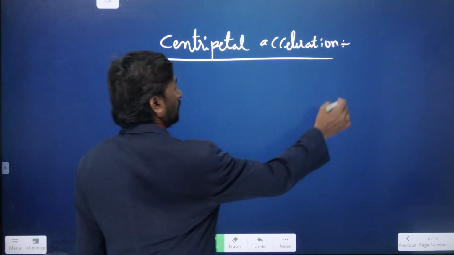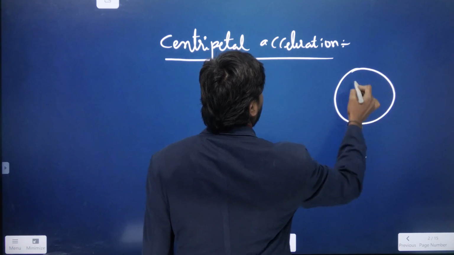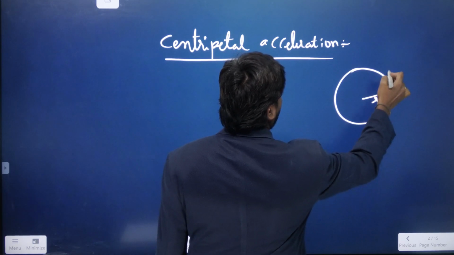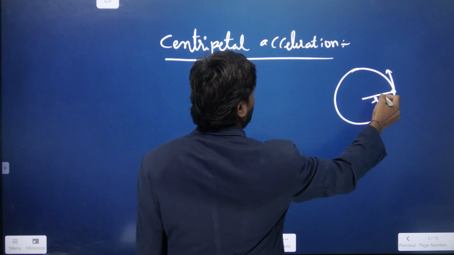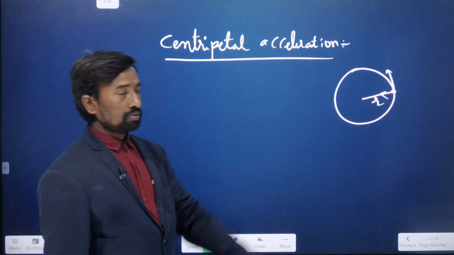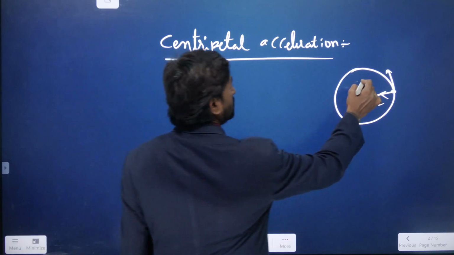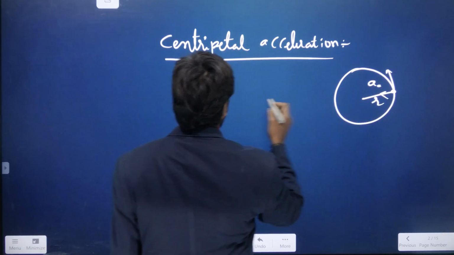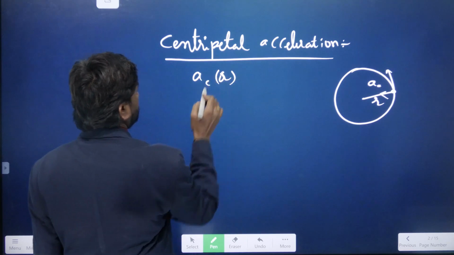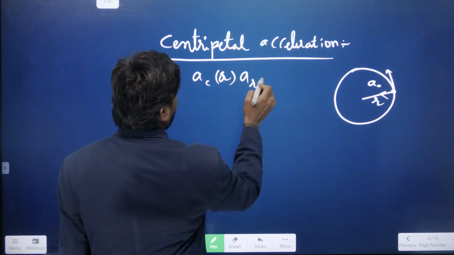So whenever an object is moving in a circular path, along the radius there is an acceleration acting towards the center. That acceleration is said to be the centripetal acceleration or radial acceleration. It can be denoted by a suffix c or a suffix r, a_r.